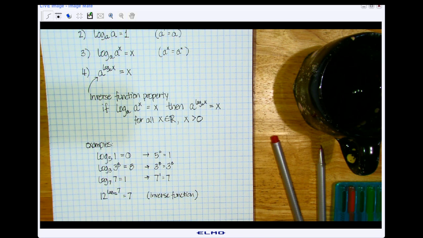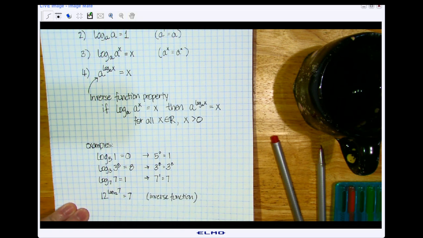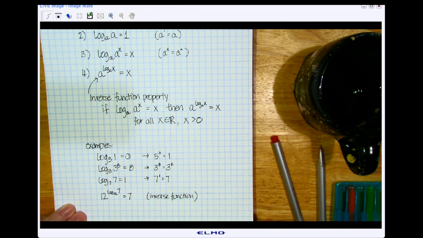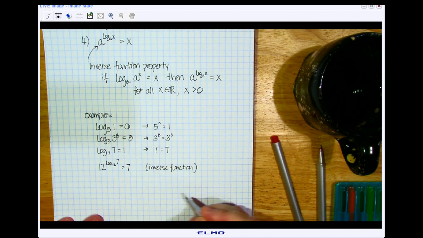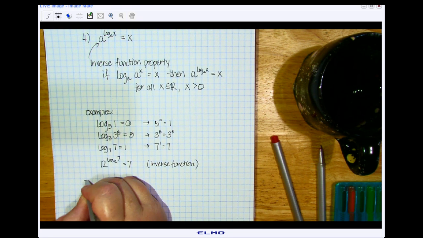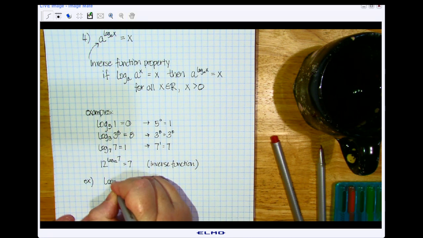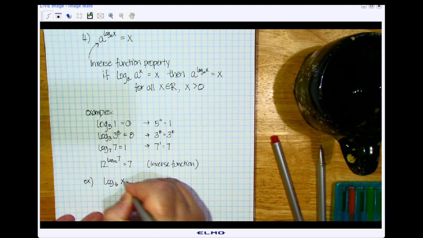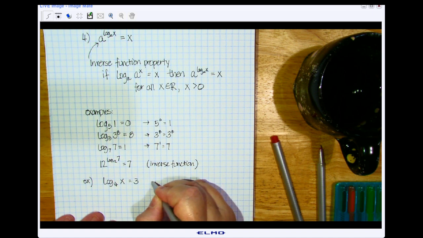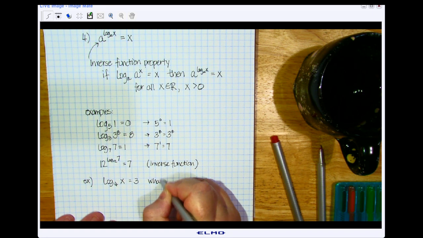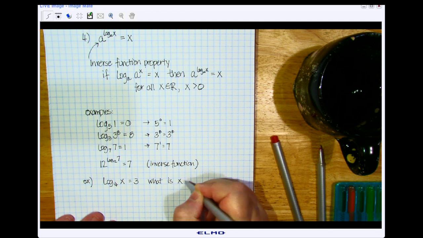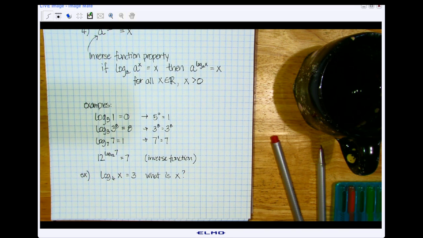Okay. So let's try. Let's see. Okay. Let's say I have a log base 4 of some number x, and I know that that's equal to 3.